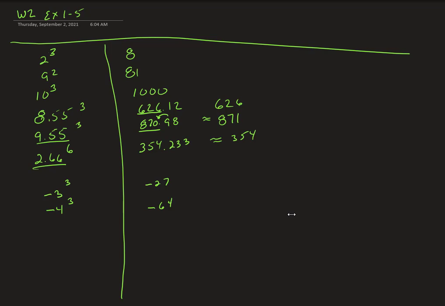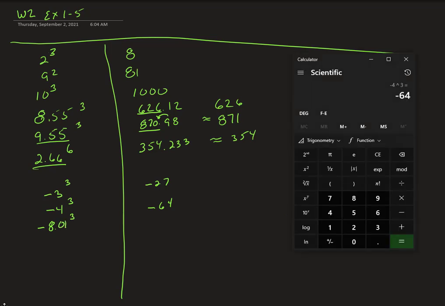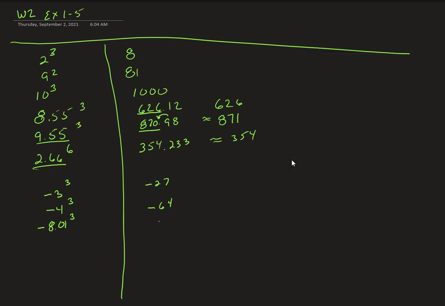How about -8.01 to the third? -8.01 to the third, and I get 513.92, negative.